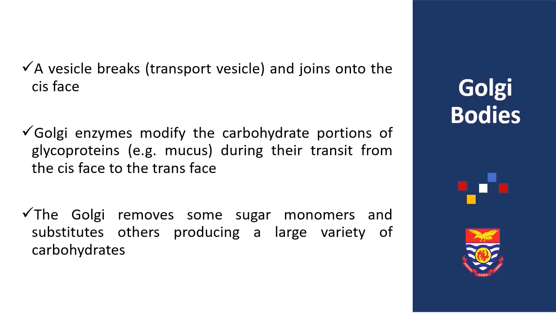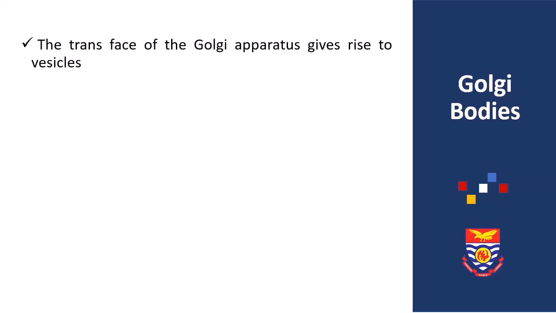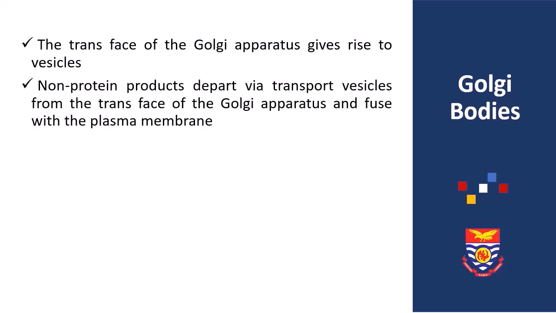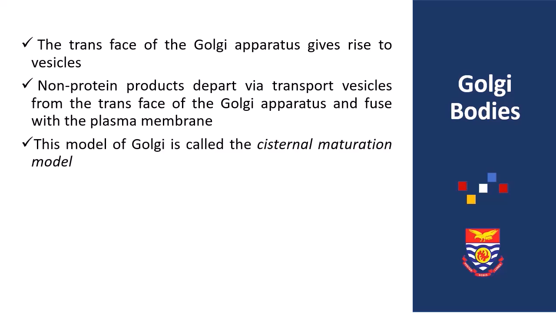The Golgi also removes some sugar monomers and substitutes others, and so produces a large variety of carbohydrates. The trans face of the Golgi apparatus gives rise to vesicles, and these vesicles cleave off and travel to other sites. Non-protein products also depart and are transported via these transport vesicles from the trans face of the Golgi apparatus, and they fuse with the plasma membrane.